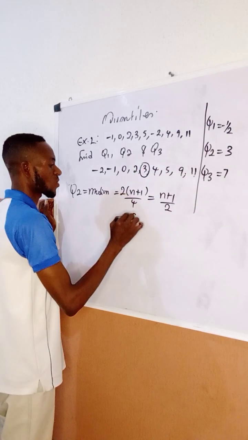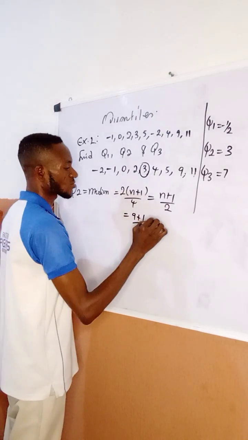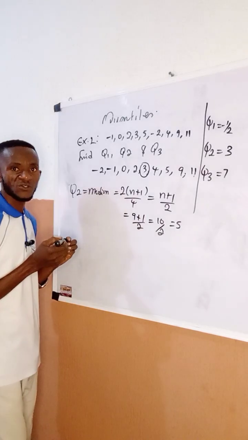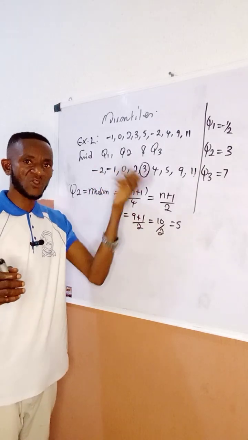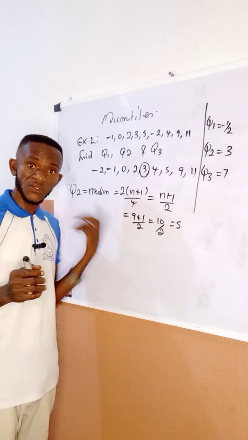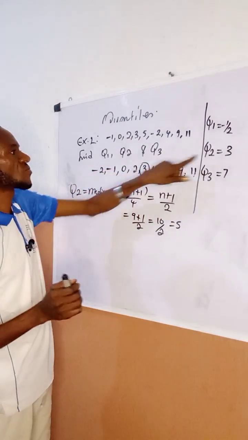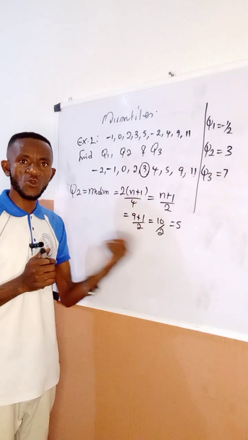So this equals 9 plus 1 all over 2, which becomes 10 all over 2, which is equal to 5. So I start from the beginning and get to the fifth observation, and it becomes the median or the Q2, which means I have 1, 2, 3, 4, 5, so Q2 is given as 3.